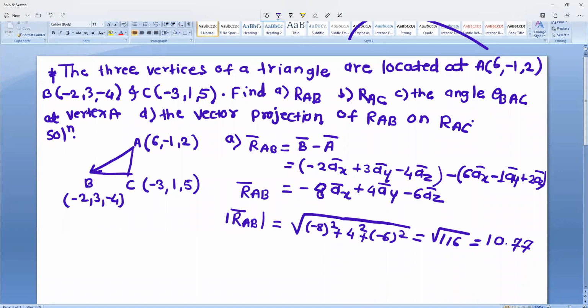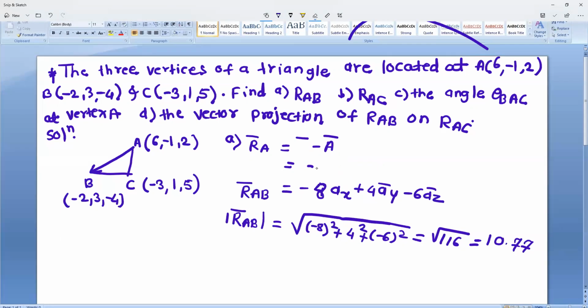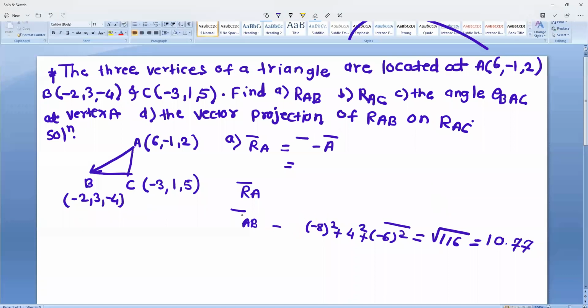Now the second one, this is A. Everyone noted? I think instead of noting, you have to solve yourself.